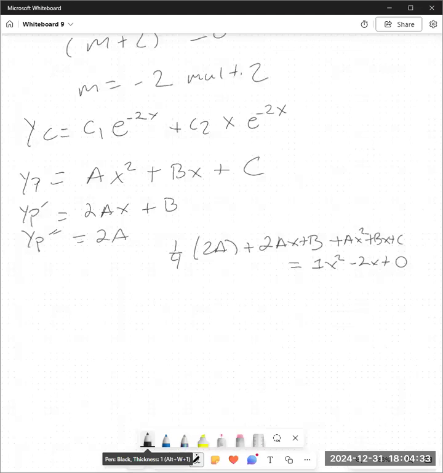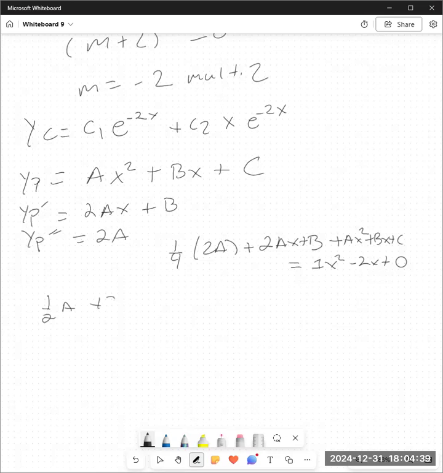So this is going to be 1/2 a plus 2ax plus b plus ax squared plus bx plus c equals 1x squared minus 2x plus 0.